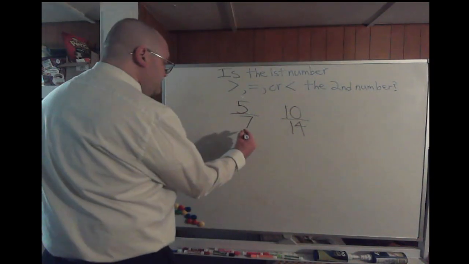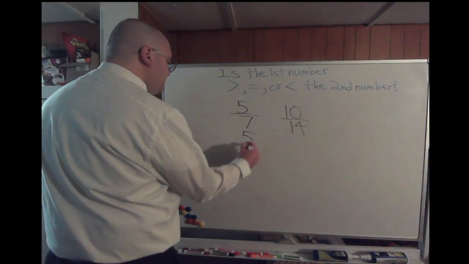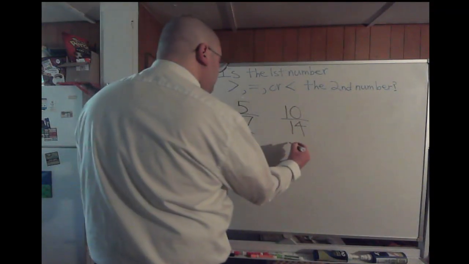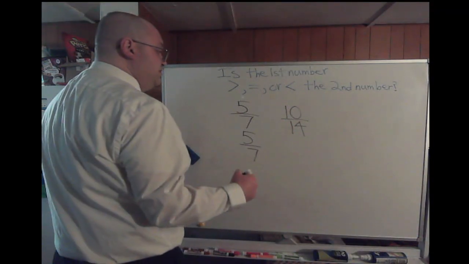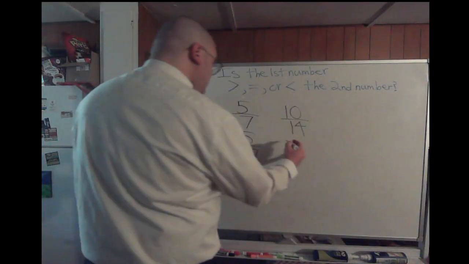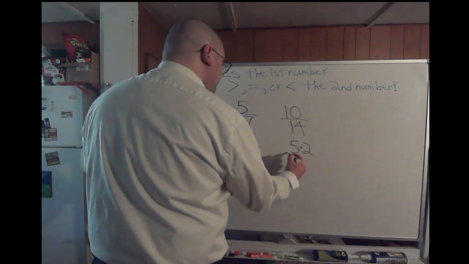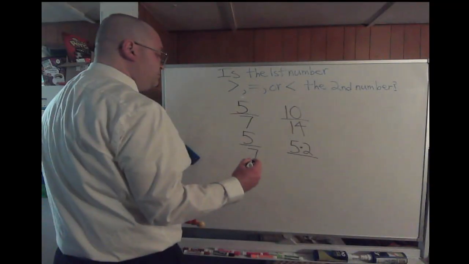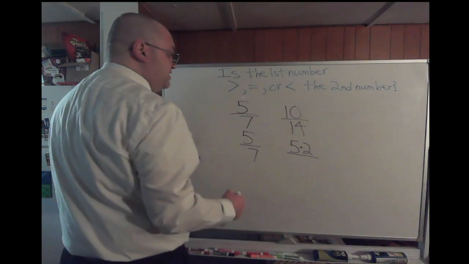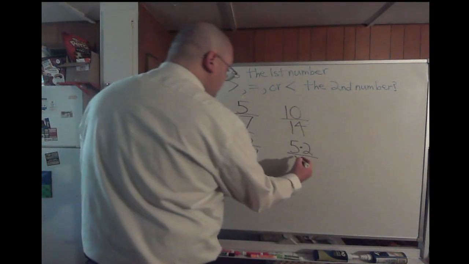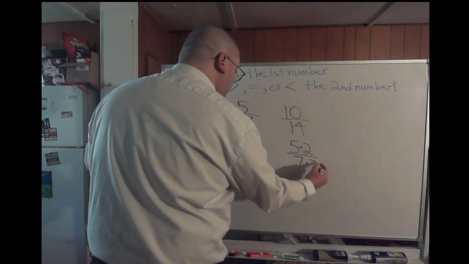Let's prove that. So you'll have 5/7 compared to, what are some factors of 10? Well, that'd be 5 and 2. So you have 5 times 2 over, what are some factors of 14? Well, 7 and 2.